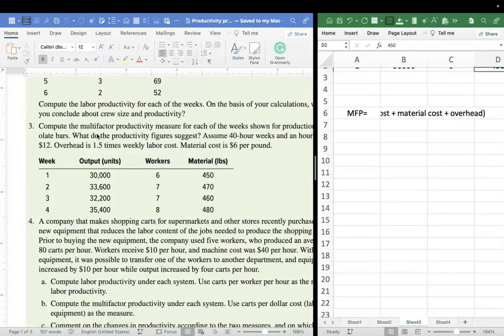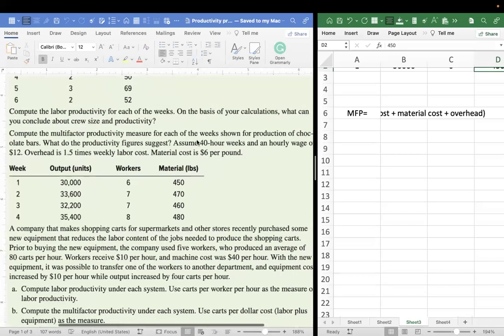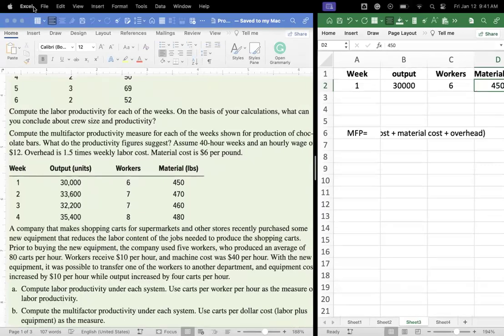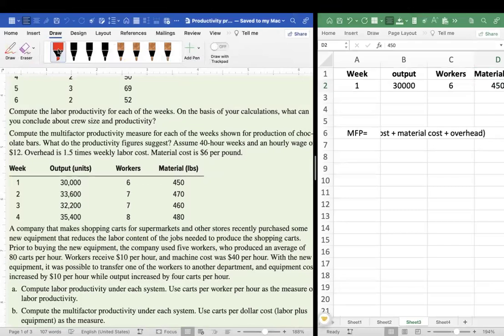And then there is another piece of information: these 6 workers are working 40 hours a week. Let me draw it here.